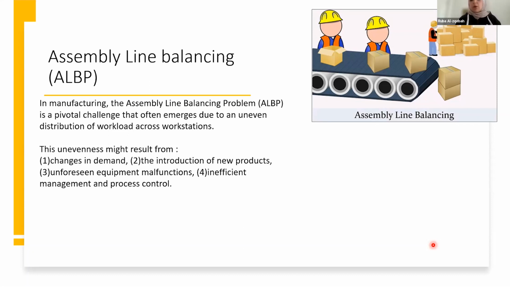So the workload should be distributed equally to enhance the utilization of resources and enhance productivity. Sometimes there's uneven work distribution, and that's due to changes in demand. Some workstations now have to work more because the demand is changing, or due to the introduction of new products, or unforeseen equipment malfunctions, breaking down the equipment.